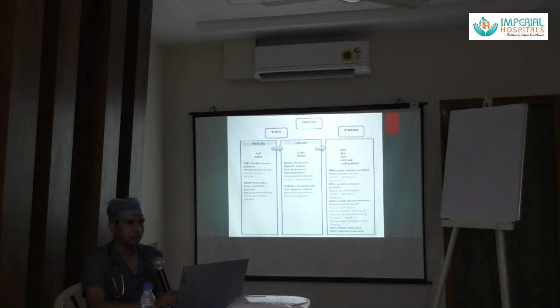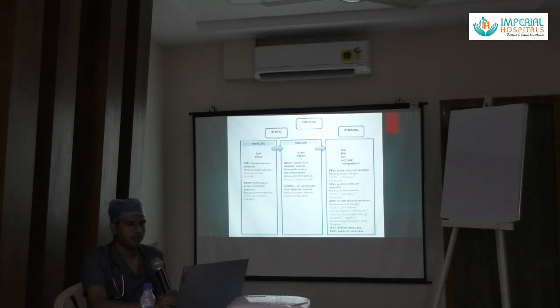So these are a few dynamic and static indices where we can see the fluid status, like central venous pressure and pulmonary artery occlusion pressure. We need a pulmonary artery catheter for this. Volume assessment, global end diastolic volume, can be measured by the PiCCO device, which is a real-time cardiac output monitor.